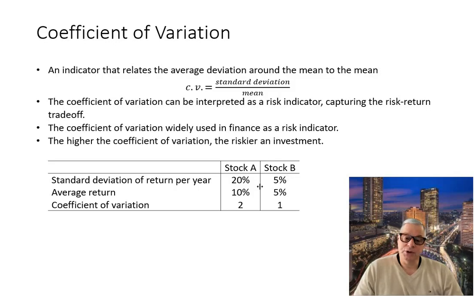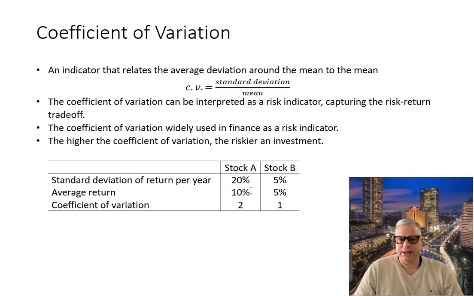Whereas for each unit of return, you basically get 2 units of risk for stock A. And of course, on average, stock A seems to be the more promising, but it is also the more risky one. So if you are guided by risk aversion, you may want to go with stock B.